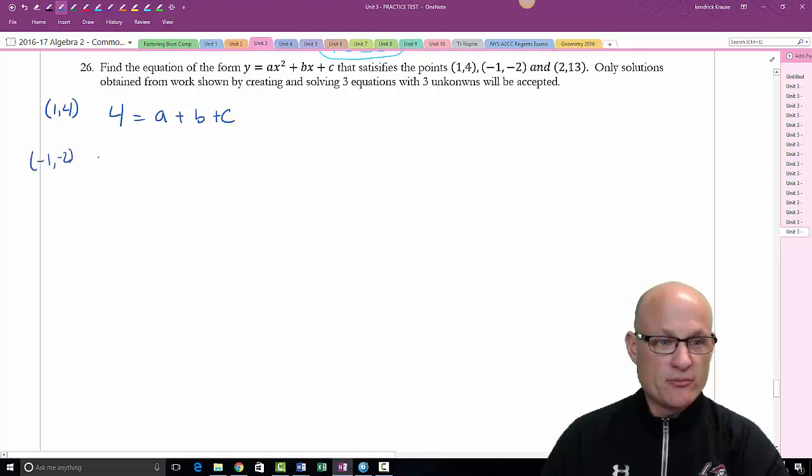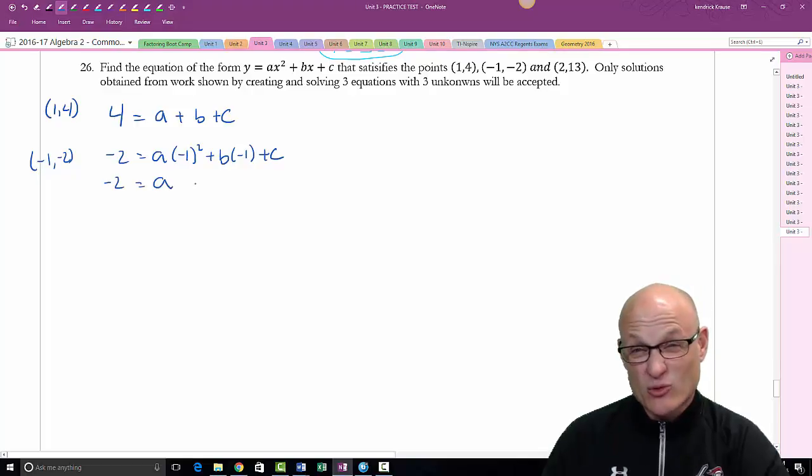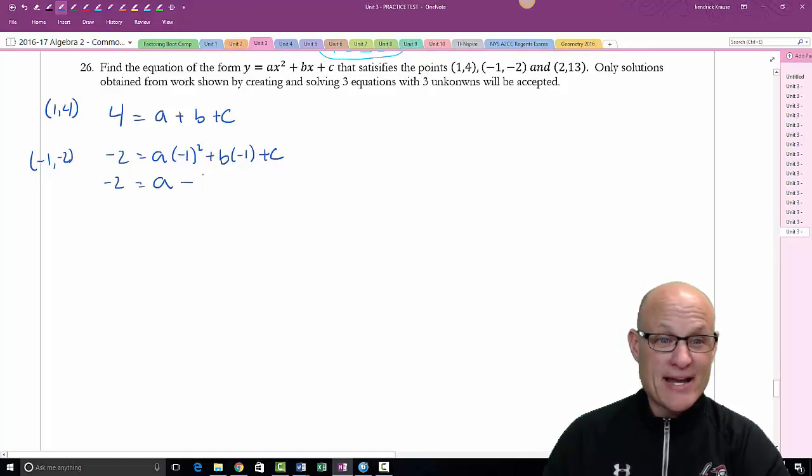-1, -2. So this is -2 equals a times -1 squared. Now this one I'm going to plug in. Plus b times -1 plus c. So this is -2 equals a, because -1 squared is just 1, minus b plus c. So there's my second equation. There's my first equation.